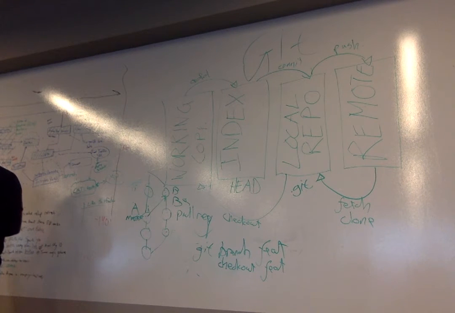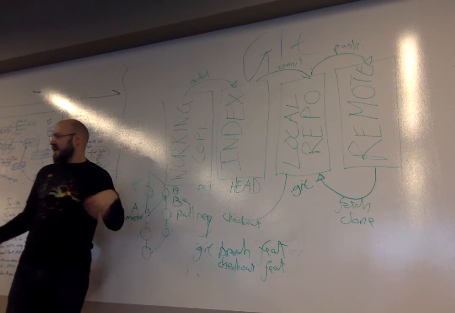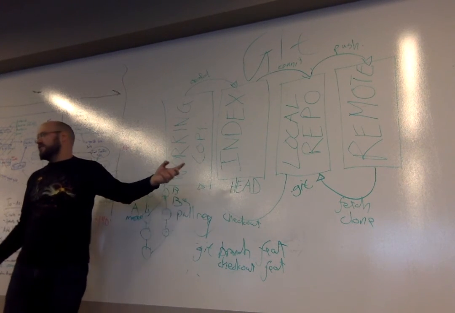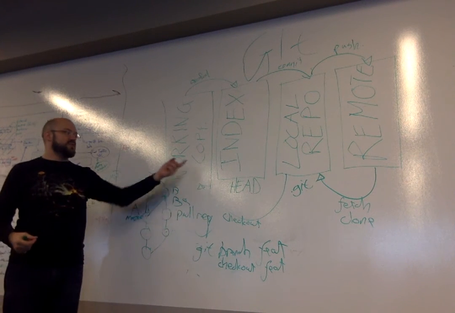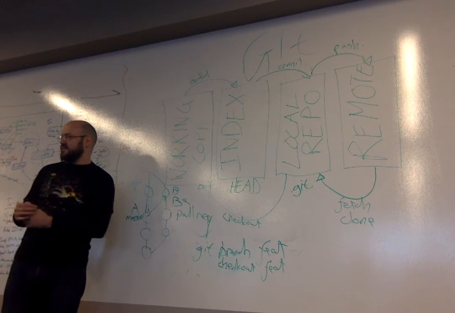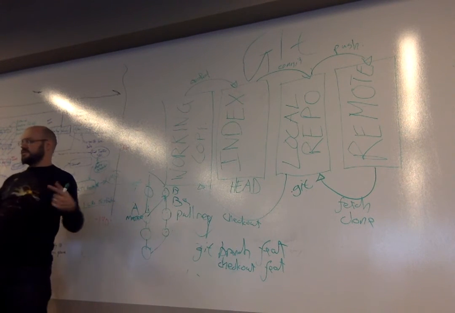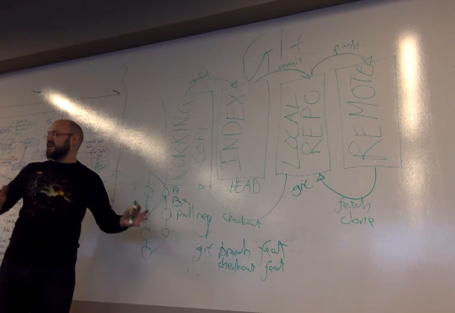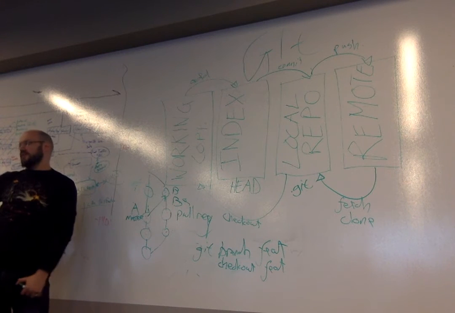Which is useful when it comes to the index, because when you add it, you add the whole file to the index. And then if you make changes to it later, you have the state where you have some uncommitted bits of that file, some unstaged bits and some staged bits. And you can decide to commit only the staged bits.